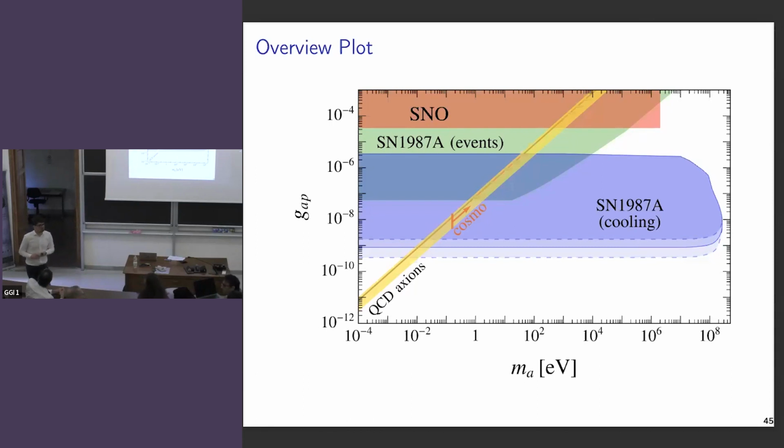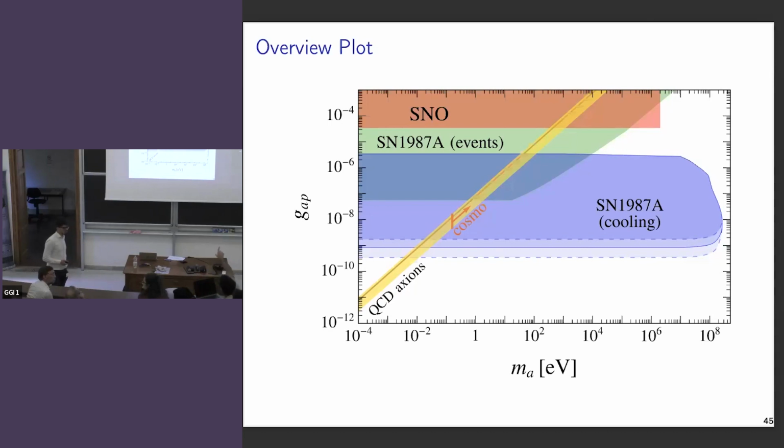What they did, they looked at the data, and then they considered that axions can be produced in the sun. In the sun, this process, like the same for xenon, exactly. And then detecting the same process, so they actually constrain g_ap, g_an.